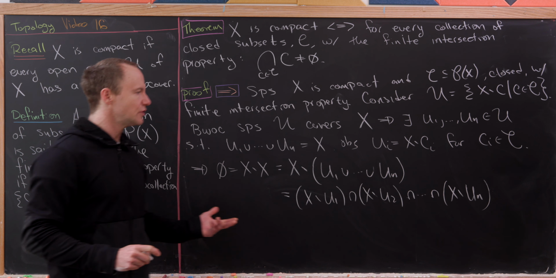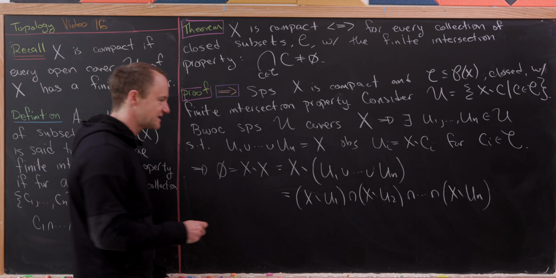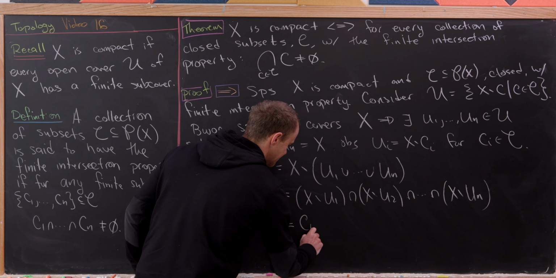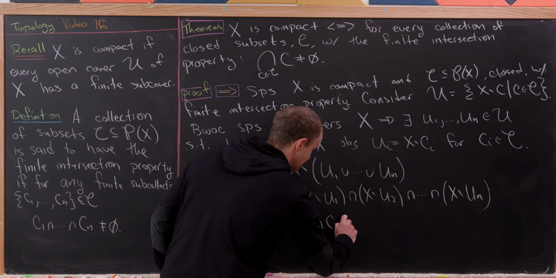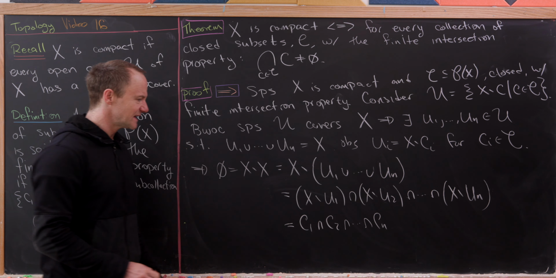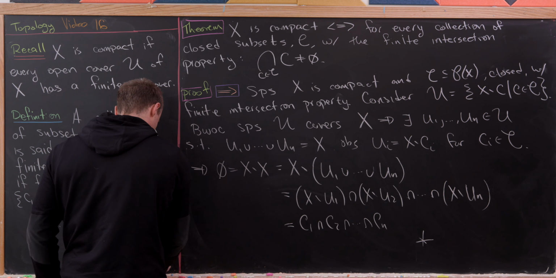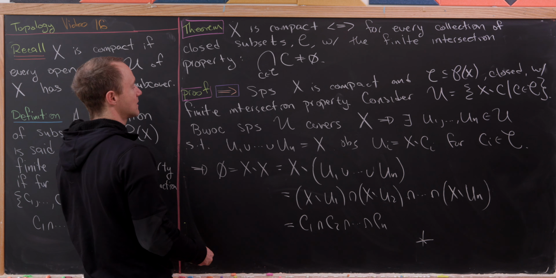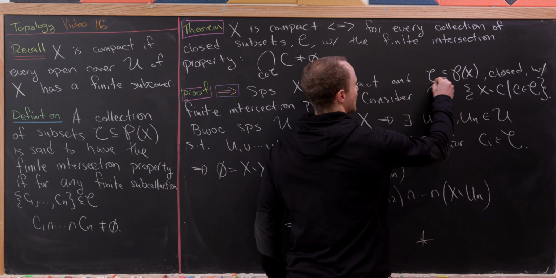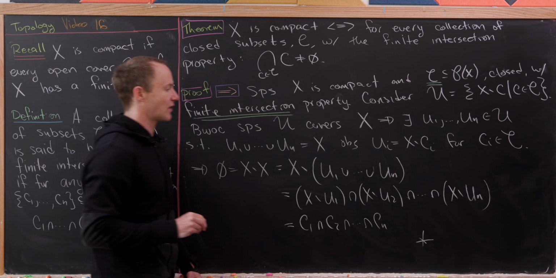But then since the ui's are X minus ci's, the X minus ui's are going to be ci's. So this is going to be C1 union C2 union all the way up to Cn. But let's see, why is that a contradiction? Well, let's observe up here, we supposed that this C had the finite intersection property.